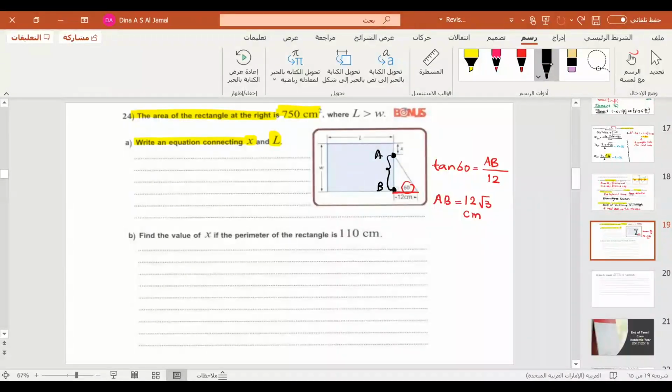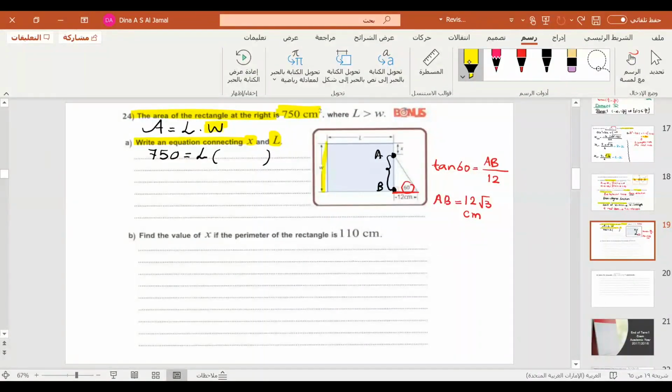Now he would like you to connect between X and L. So we know that the area is all about L multiplied by W. He gave you the area, 750. He would like you to keep the L, but he doesn't want you to write the equation with respect to W. Now, what is your new W?